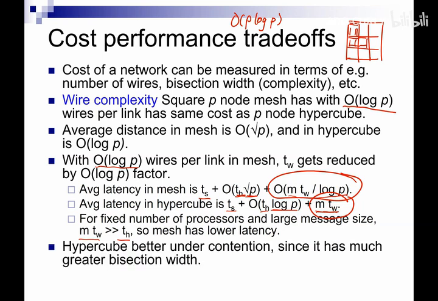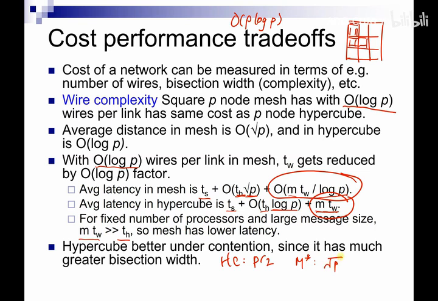However, the hypercube is still better under contention, because the hypercube has a much higher bisection width. Remember that the hypercube's bisection width is going to be p divided by 2. Whereas for a normal mesh, the bisection width is root p.